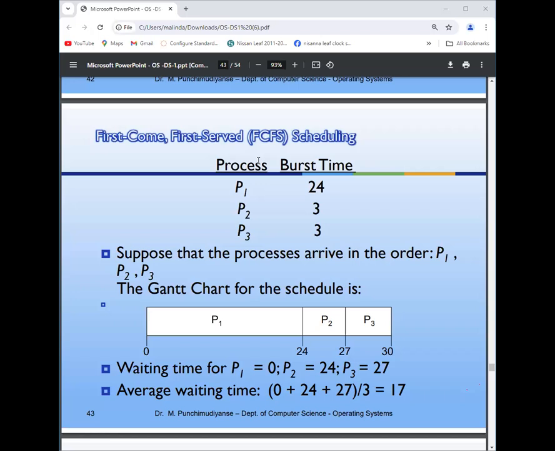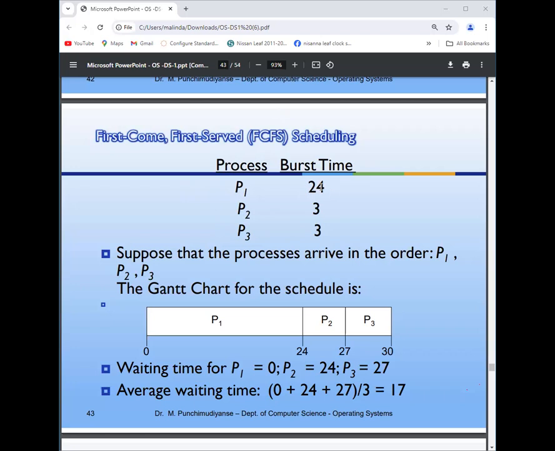Let's see how one sort of question comes. Now, listen carefully. In this particular table, the first column is called processes, so the process numbers are P1, P2, and P3. The second column is called burst time, that is the number of milliseconds needed to complete that job.